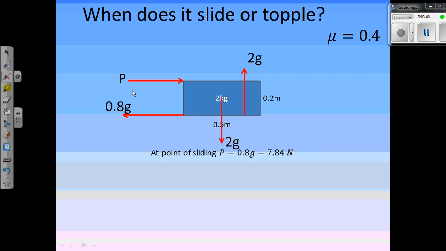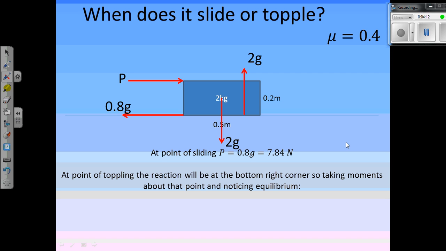When we apply a force between 0 and 7.84 newtons, it's going to stay stationary. When it hits 7.84 newtons, the force P, we get on the point of sliding. And when it gets larger than 7.84, we're going to get motion, because we'll get a resultant force.